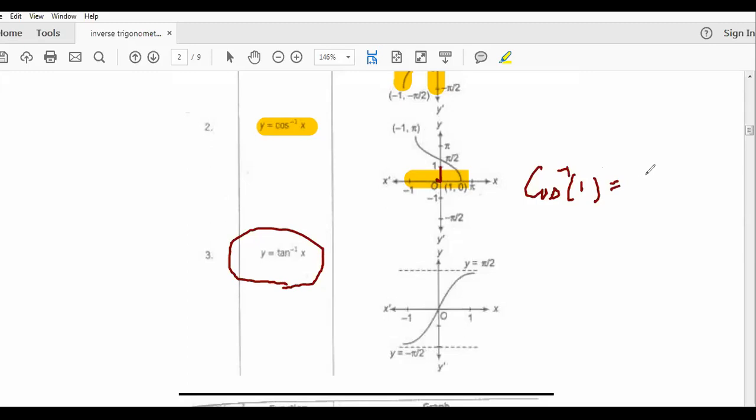This is equal to 0, since cos of 0 is 1. The cos value 1 is at angle 0. So we put 0 here, and that will be 1. Is it clear? So this point is (1, 0).